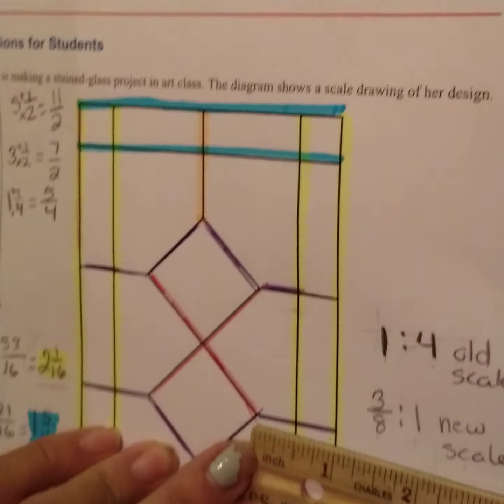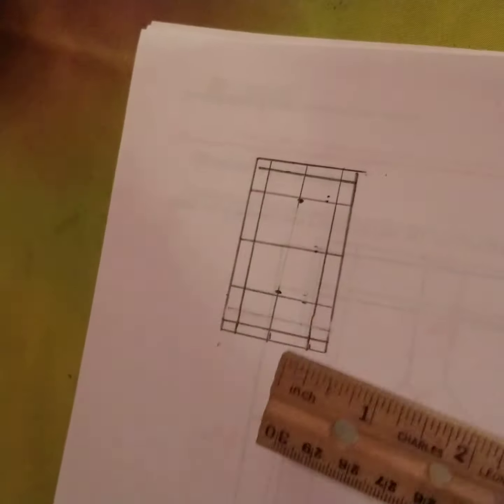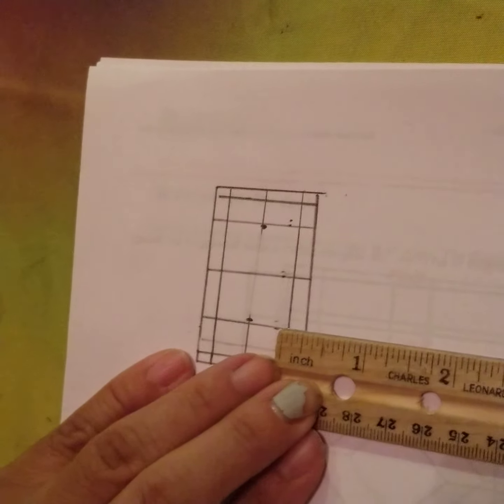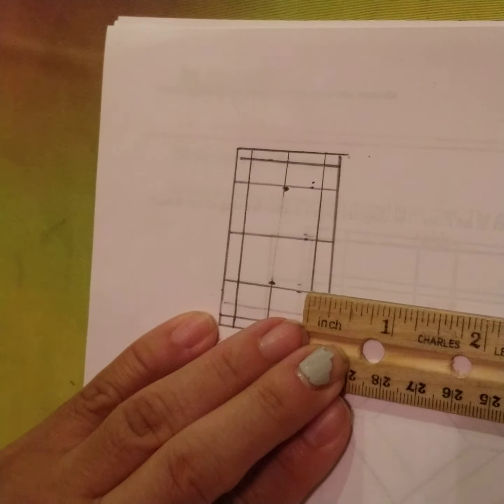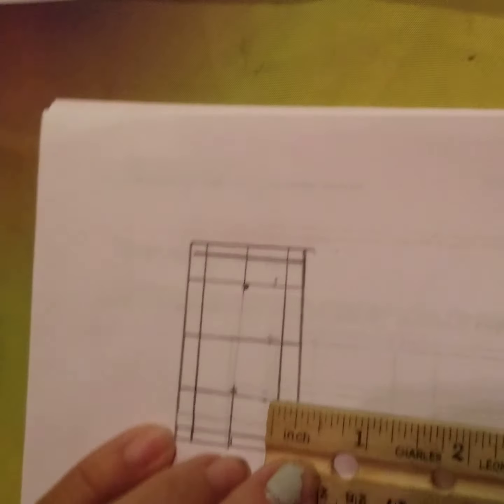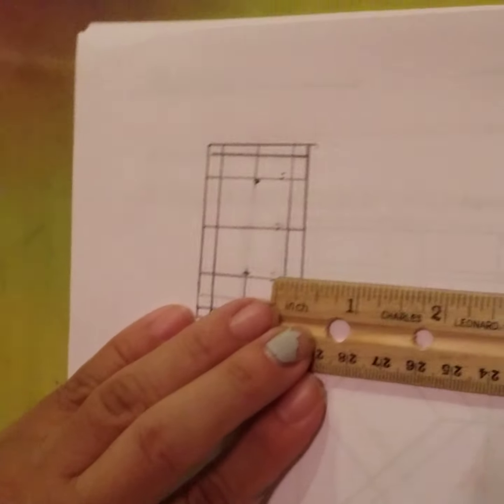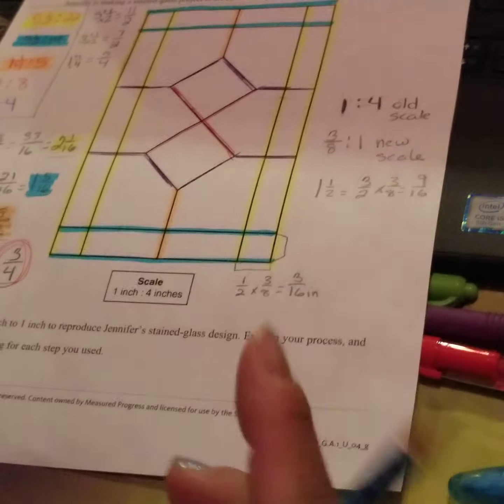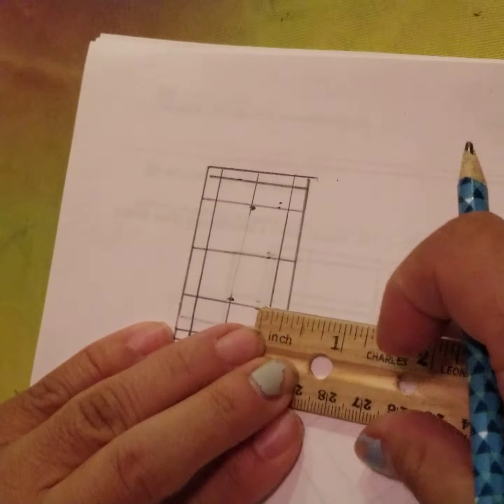What the heck is this? 1 inch. So 3/8 of an inch. So this is going to come in three-eighths. Right?